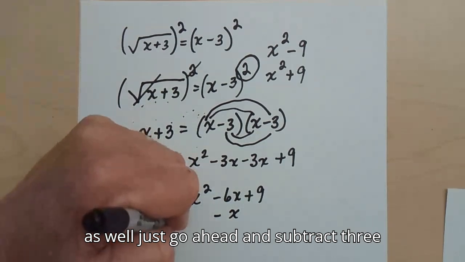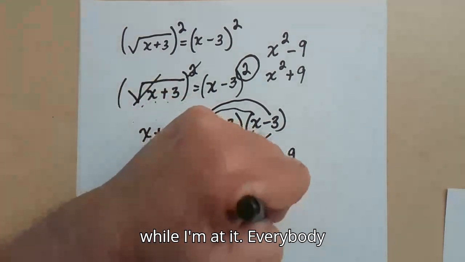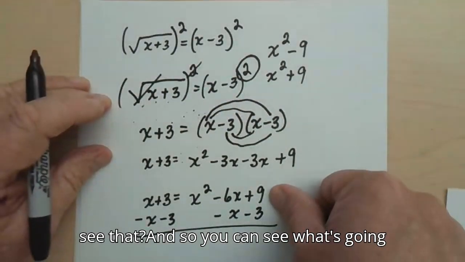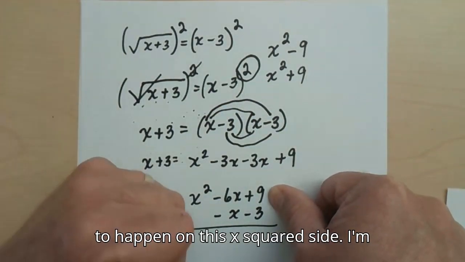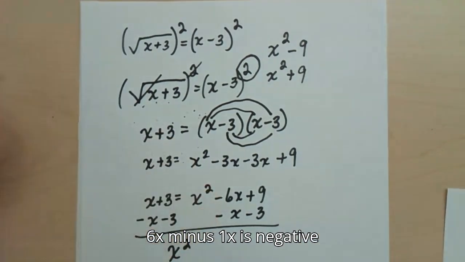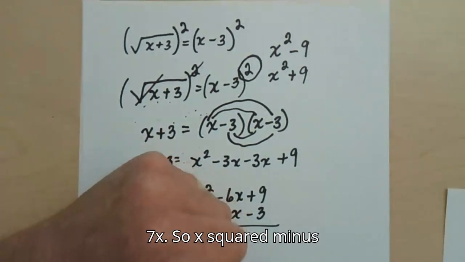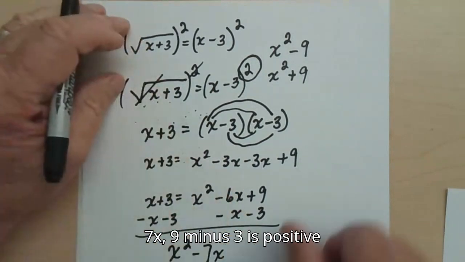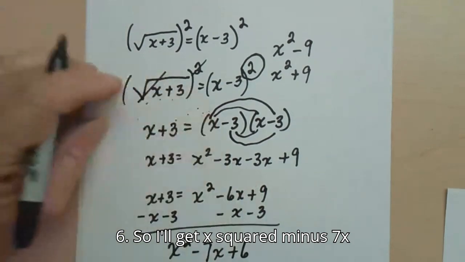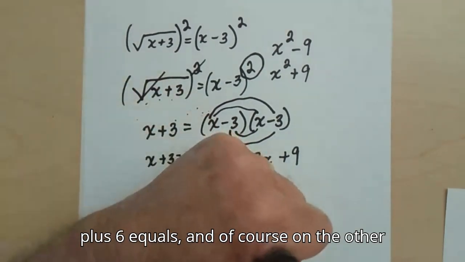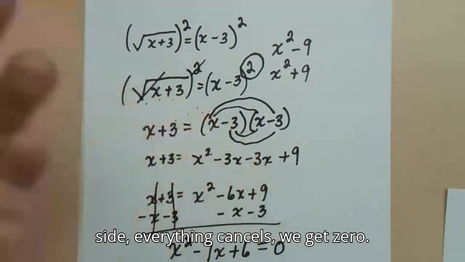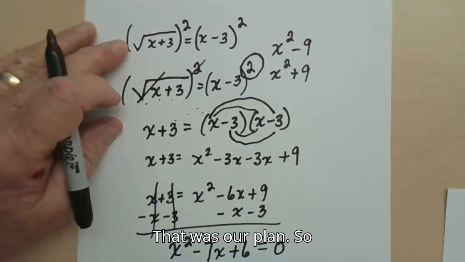So I might as well just go ahead and subtract 3 while I'm at it. Everybody see that? And so you can see what's going to happen on this x squared side. I'm going to have x squared, negative 6x minus 1x is negative 7x. So x squared minus 7x, 9 minus 3 is positive 6. So I get x squared minus 7x plus 6 equals, and of course on the other side, everything cancels, we get 0. That was our plan.